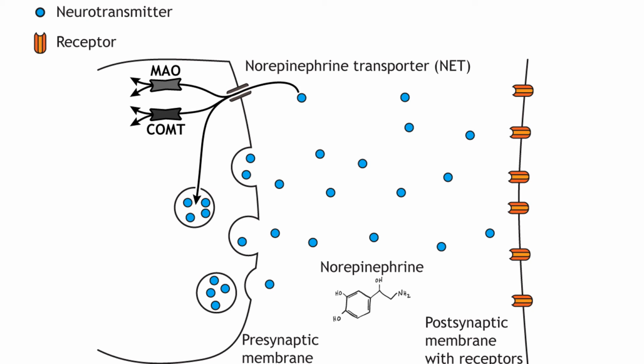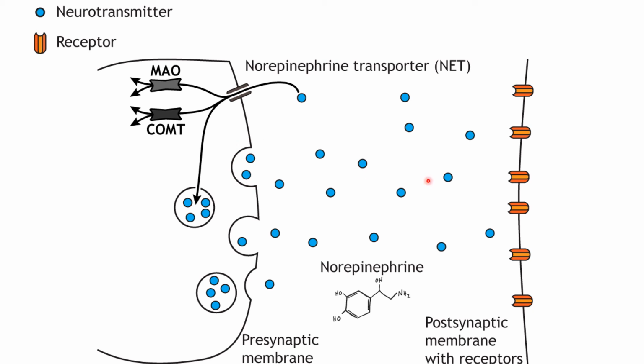This diagram shows the catabolism of norepinephrine. This is the axon terminal, this is the synapse, and this is the postsynaptic cell. So we have here in the axon terminal the synaptic vesicle, and we have here a structure showing the synaptic vesicle undergoing exocytosis.